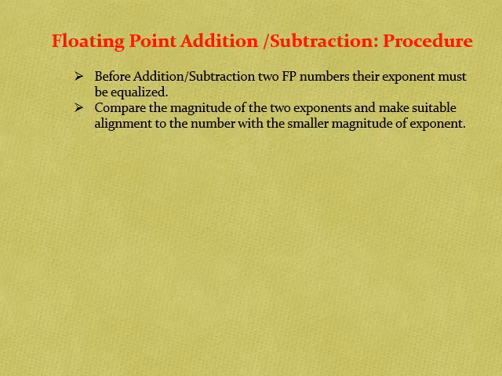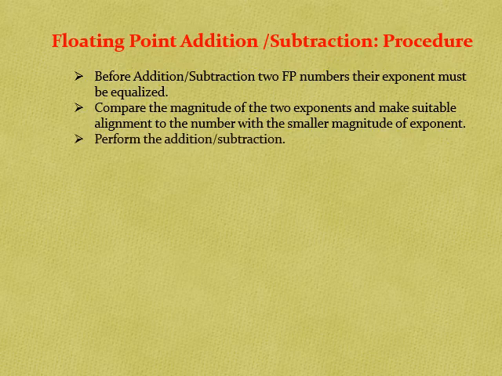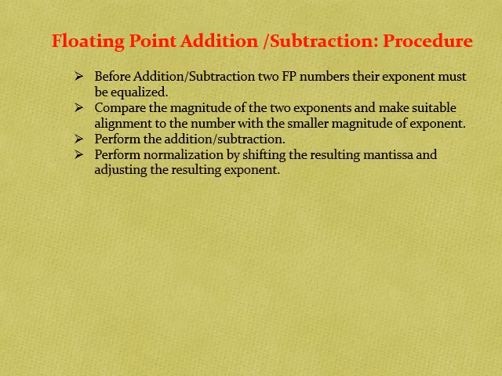If they are not equal, then we have to align them by shifting. Next, we perform the addition or the subtraction, and lastly, after getting the result, we have to normalize the result. That means the A1 register should be 1.